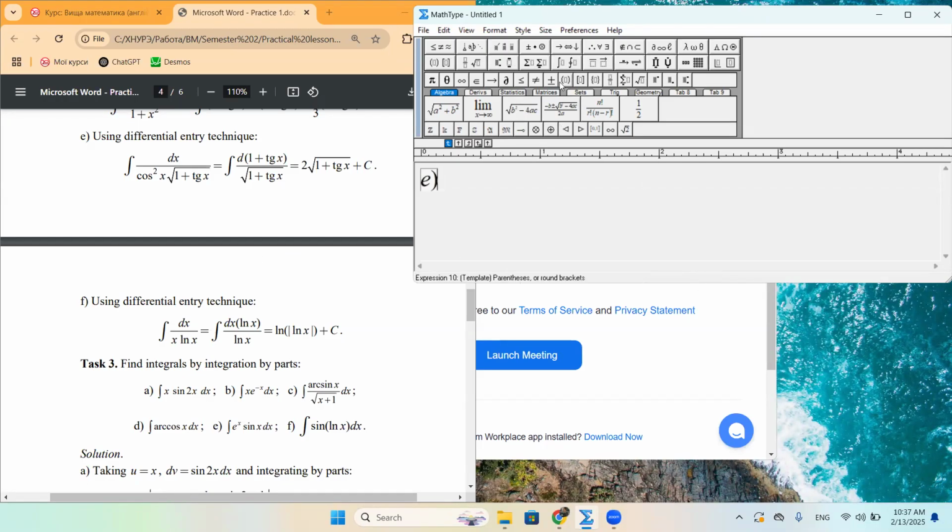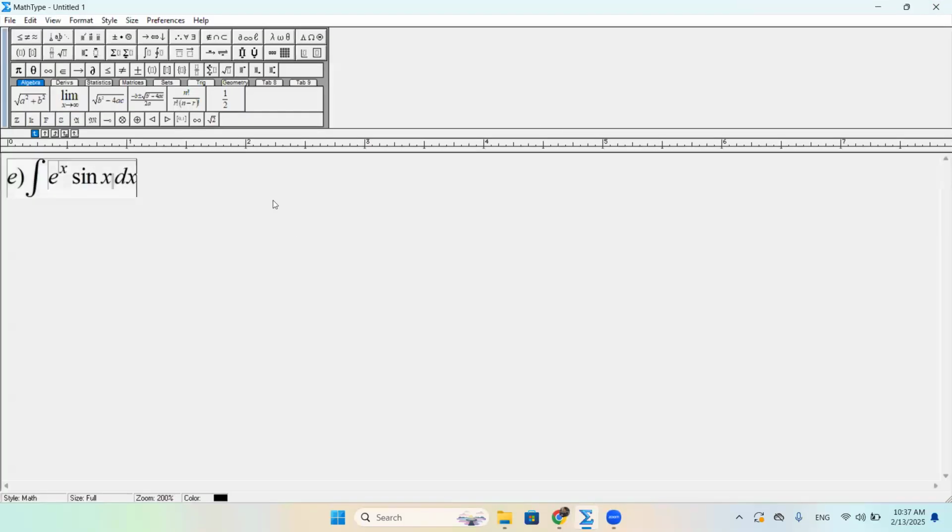So the next integral, as I told you before, is an exponent multiplied by sine. It is a recurrence integral, and it doesn't matter what is chosen as u and what as dv.